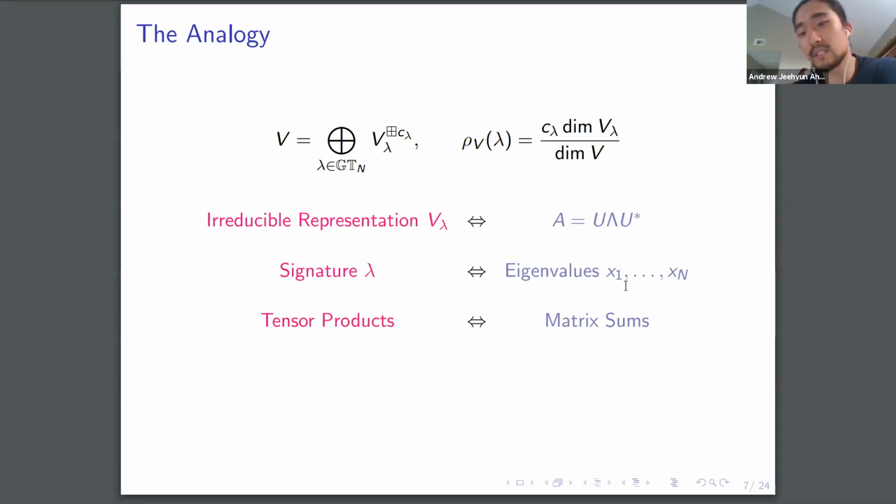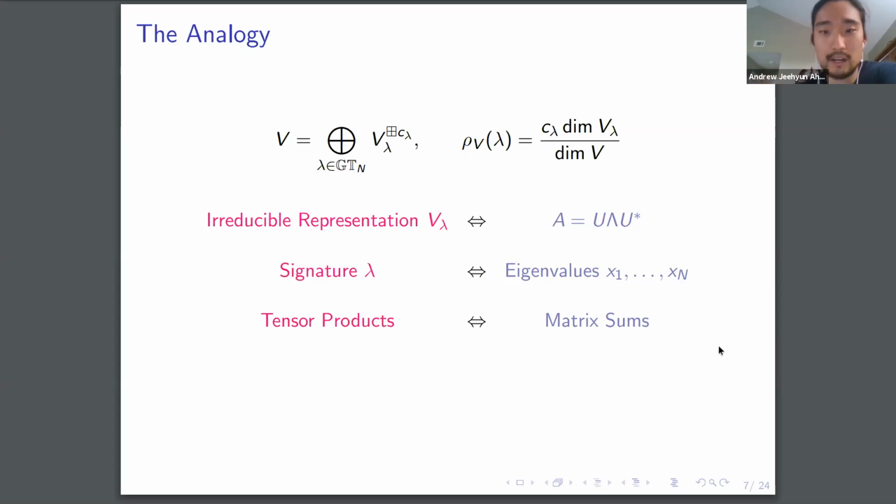And just as you had some n tuple of real numbers associated to A, given by the eigenvalues, you'll have an n tuple of integers, the signature, associated to this irrep. And it'll turn out that the operations of tensor products and matrix sums are somehow analogous to one another.